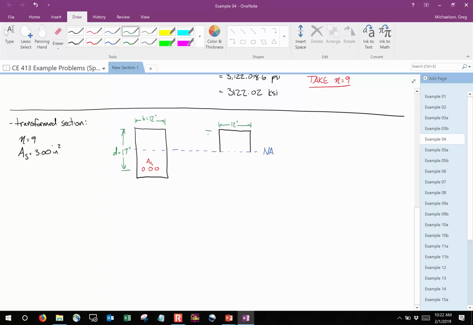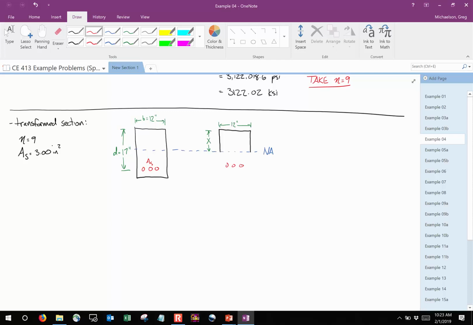So for now, we're going to call that depth X, because I have no idea how deep it is. We'll figure it out. Now, before you draw anything, just bear with me. Below the neutral axis, the only thing I have is this steel. But that's a problem because this is concrete and this is steel.